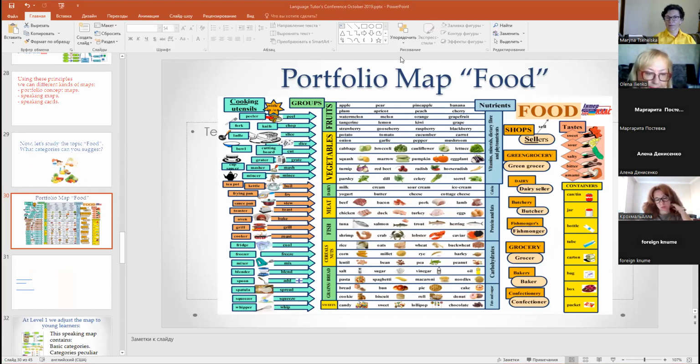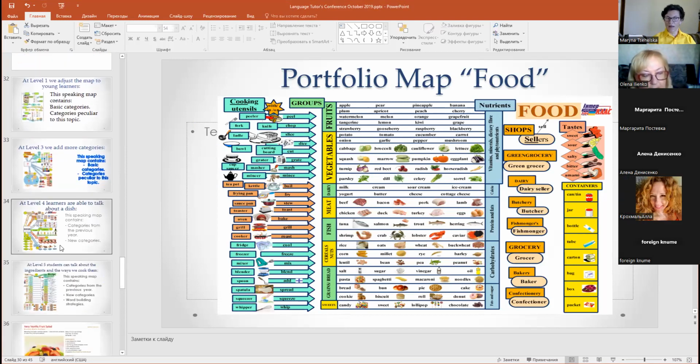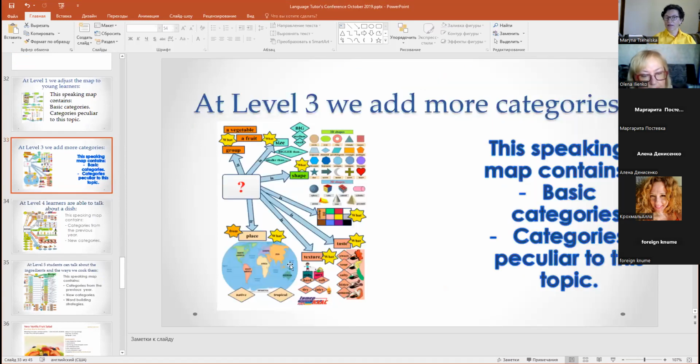And every time we get back to this topic, we will be using the so-called speaking maps that will allow our students to talk about food.